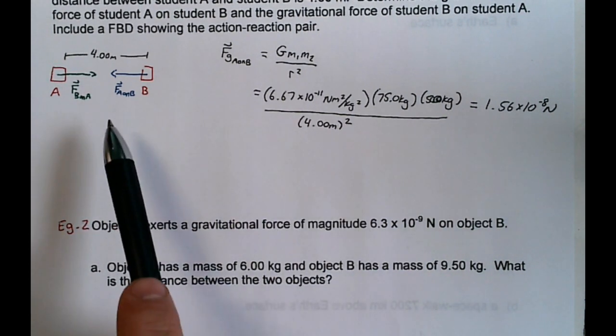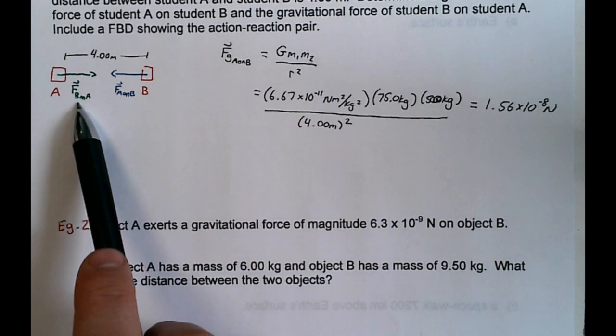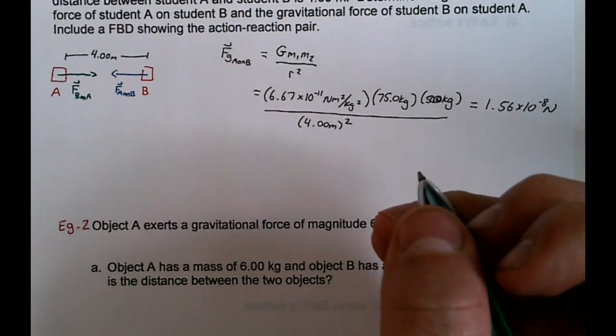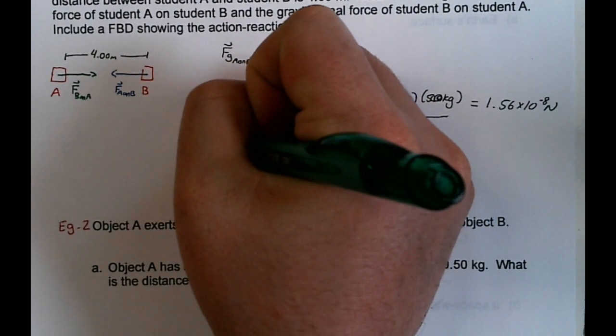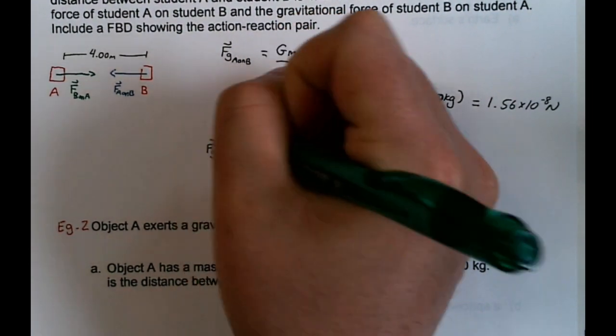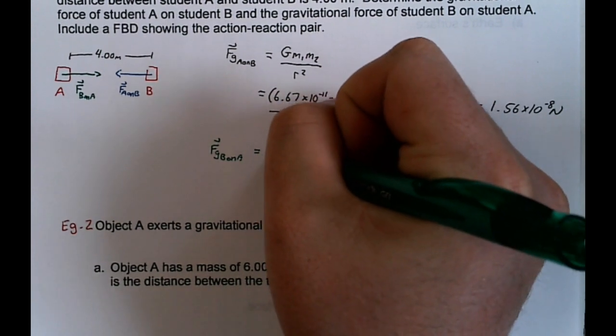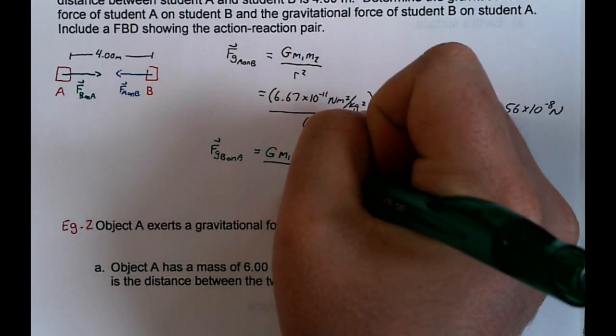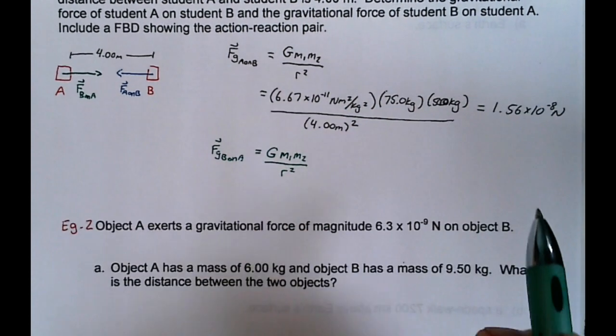The other half wants us to find the force due to gravity of B on A. So to do that, we're again going to have the same formula. We have the force due to gravity of B on A is equal to G m1 m2 divided by r squared.